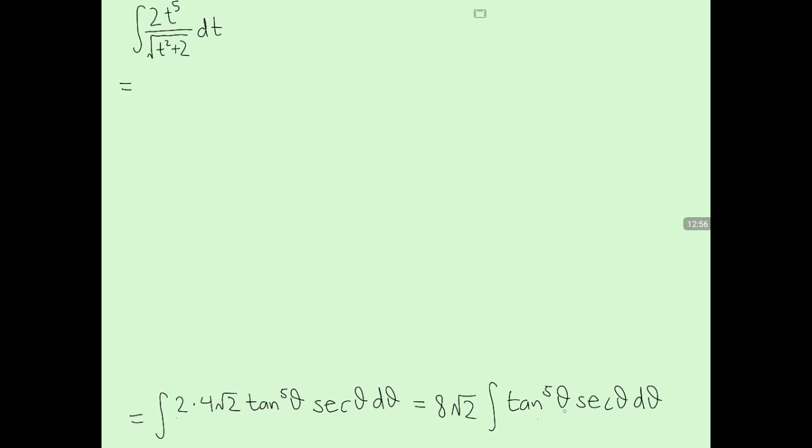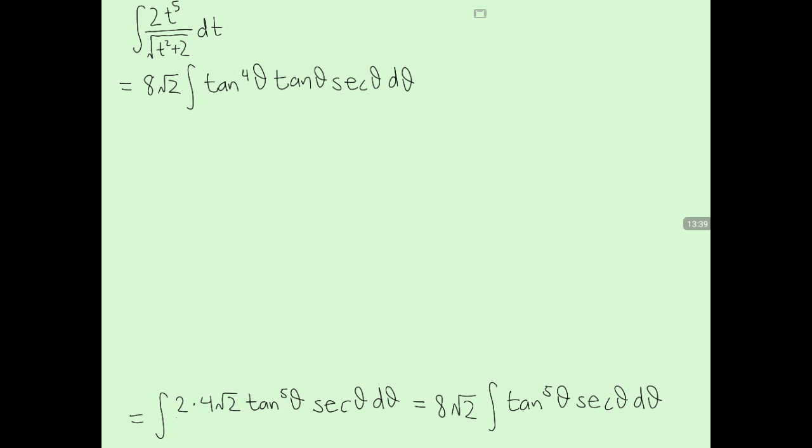If it's to an odd power, we can express, for example, tan theta to the 4th in terms of secant theta, and then we can use integration by substitution to figure out what our integral will be. So instead of writing tan to the 5th theta, let's rewrite this with our constant in front, tan to the 4th theta, tan to the 1 theta, and secant theta d theta.